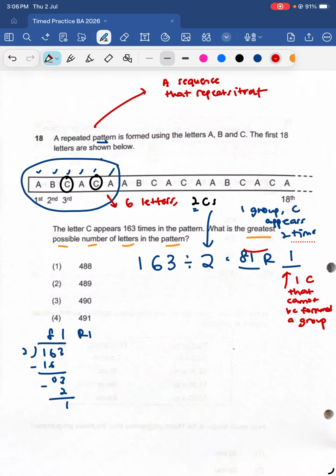So I got 81 groups of this, 1, 2, 3, 4, 5, 6, 7, 8, all the way to 81. 81 groups of this, and my last C appears here. This remainder 1, this one last C actually appears here.